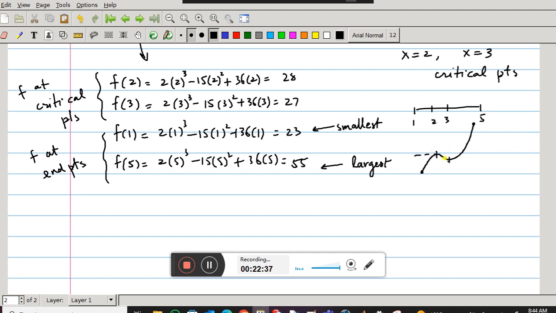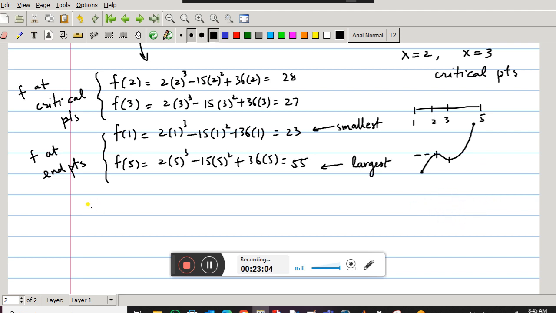They are not the highest and not the lowest. They are critical points, but they did not give me the maximum. So checking is important. It may be something like this, right? If this is the case, then the critical points become the highest and the lowest, not the endpoints. So that's why we have to check all of them. We cannot just say that endpoints are my maximum and minimum values.